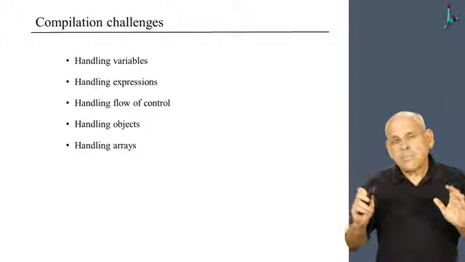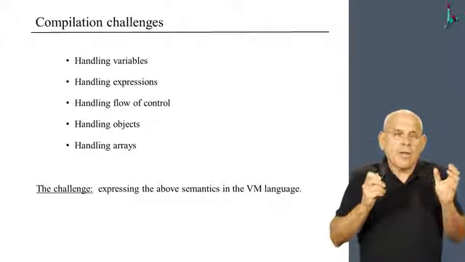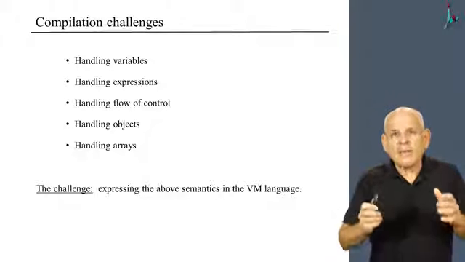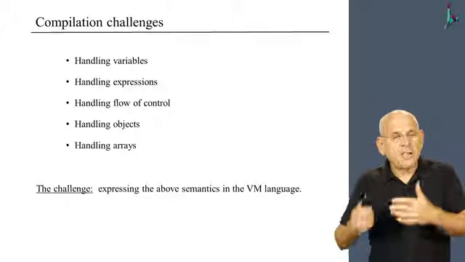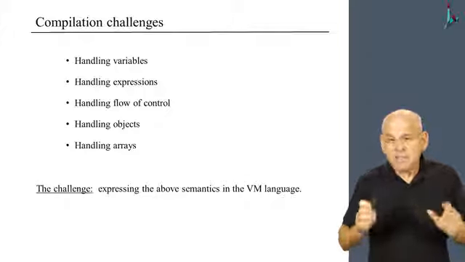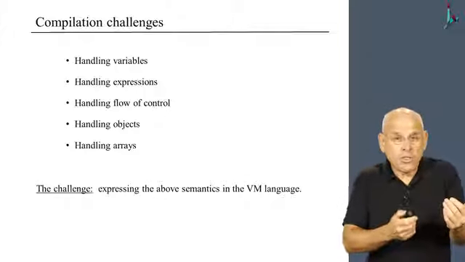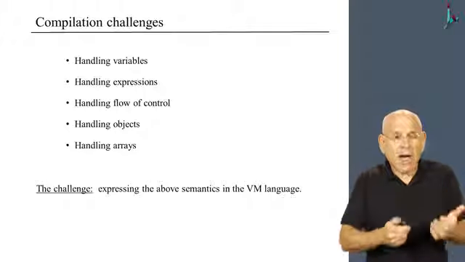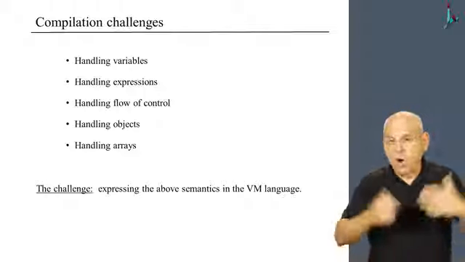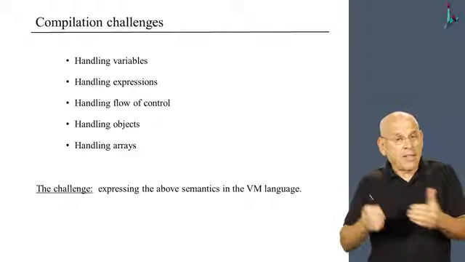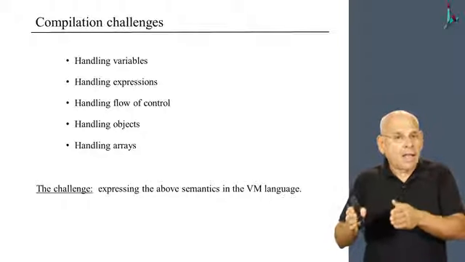Now, the challenge, when I say to deal with them, is to generate VM code that captures the semantics of variables, expressions, and so on using VM commands. This is not a trivial task because high-level languages today, including Jack, are very sophisticated. They give you all these fancy control structures and objects and arrays, and yet the target language, the VM language, is very simple and limited.